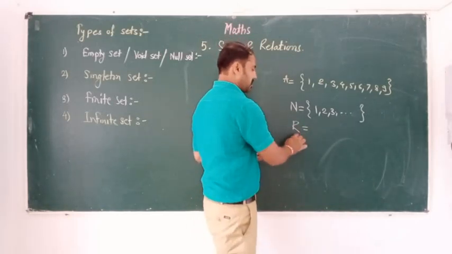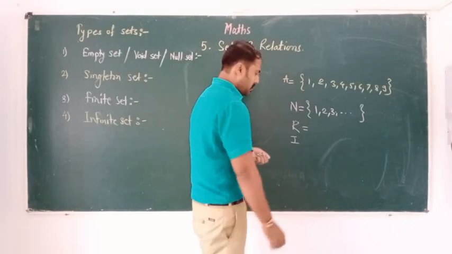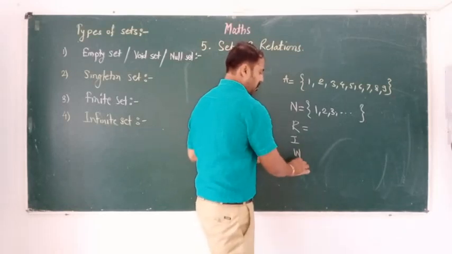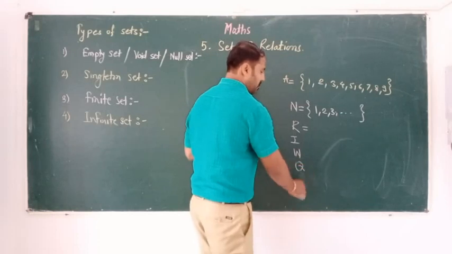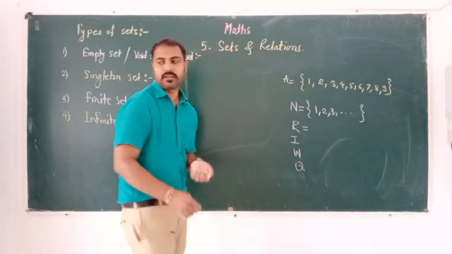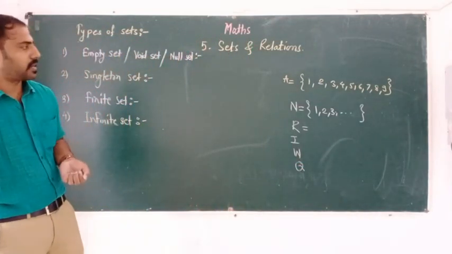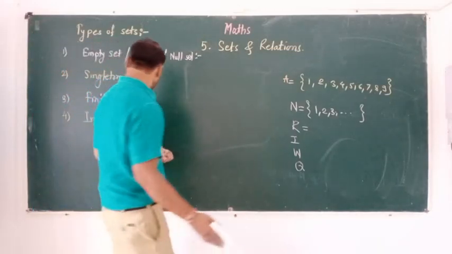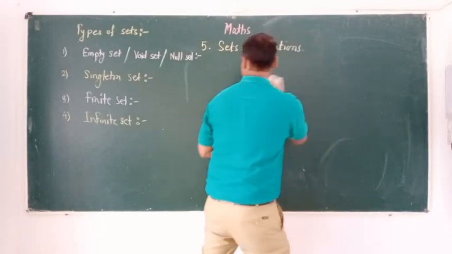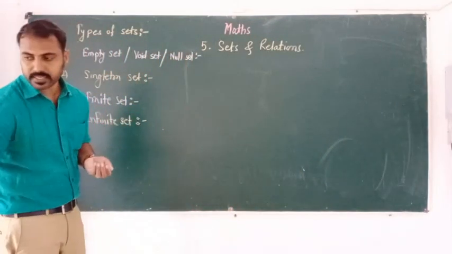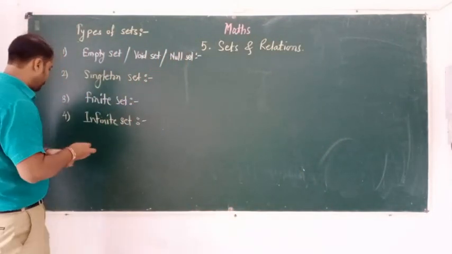The set of integers is also an infinite set. The set of whole numbers is also an infinite set. The set of rational numbers is also an infinite set. Okay. Now the next type is subset.